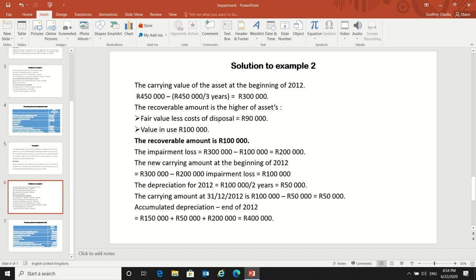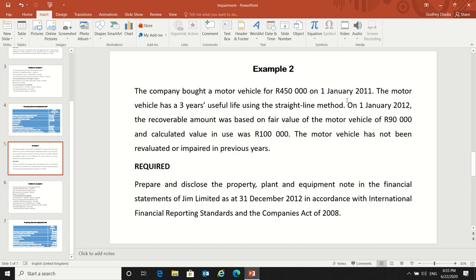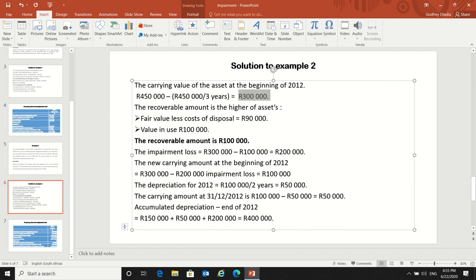Now here we go. 450 divided by 3. You see, by the end of 2011 this asset is 300,000, and when this impairment is done on this date, the asset carrying amount is 300,000, which is this one here. And then we do the impairment test.